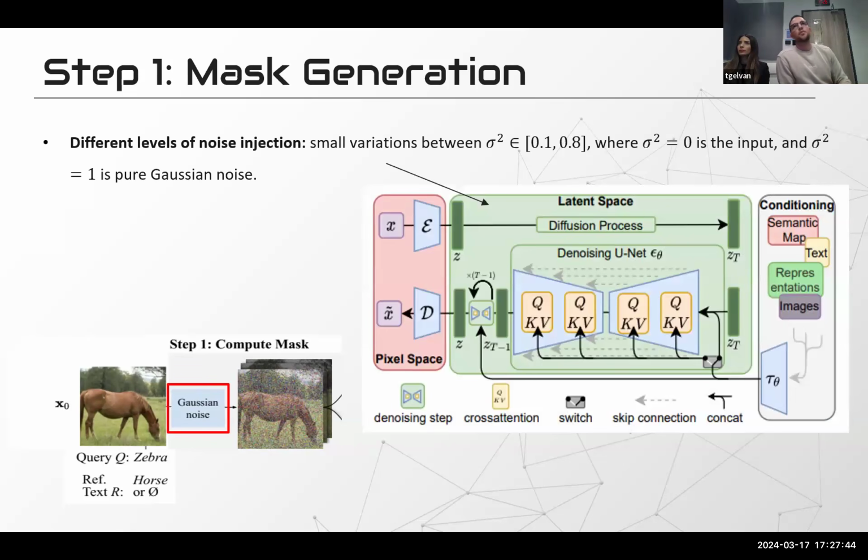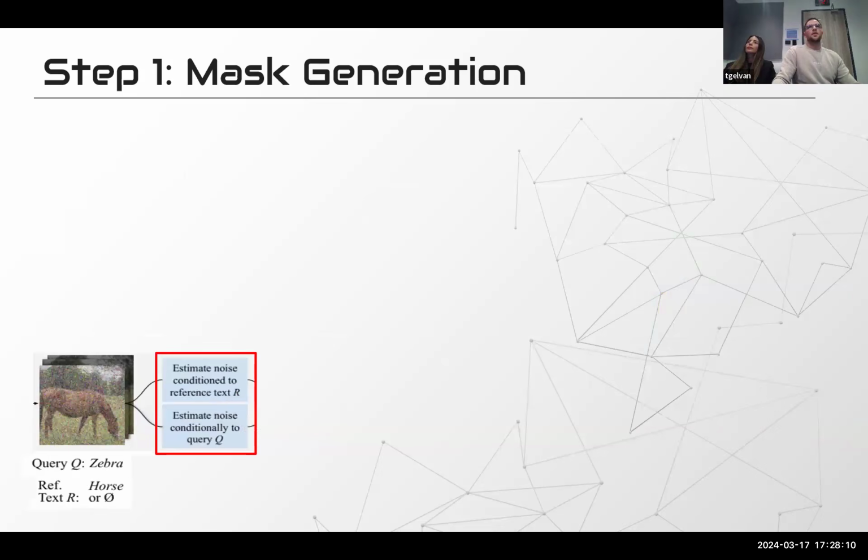In this process, we're injecting different levels of noise, using different variances between 0.1 and 0.8. The idea is to get different latents Z_T with different levels of noise. So actually, you can see different latents with noisy images.